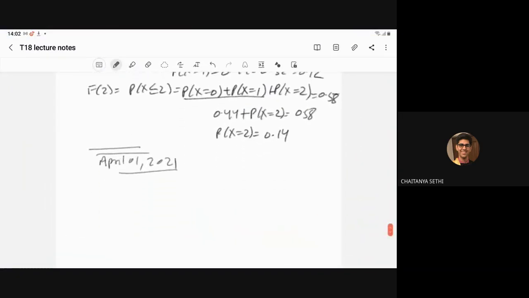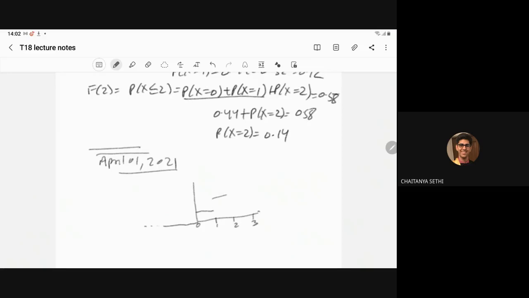So it is given to you, let this be your x, here we have 0, here we have 1, 2, 3. Before 0, the CDF is 0, and afterward it is 1 by 4.